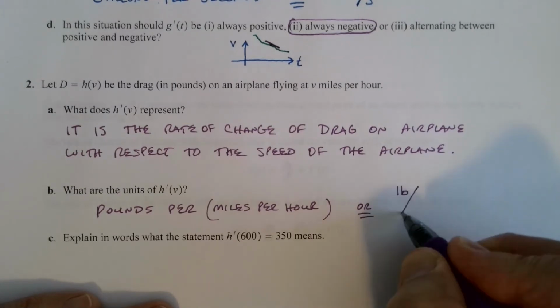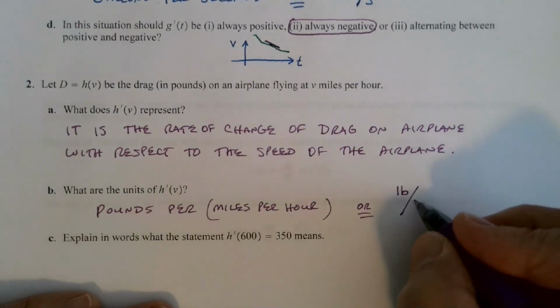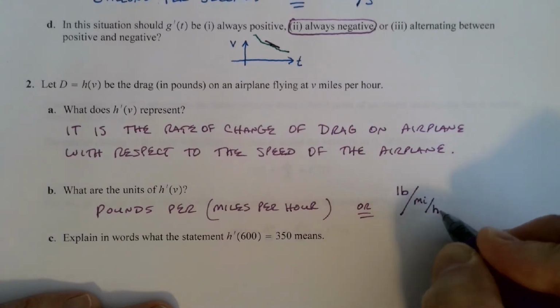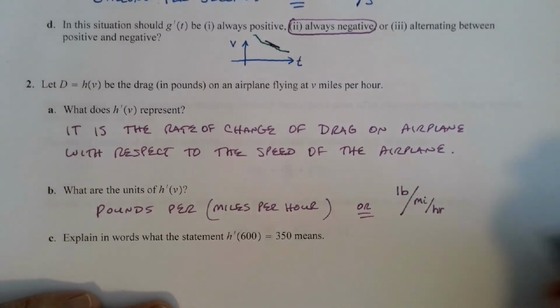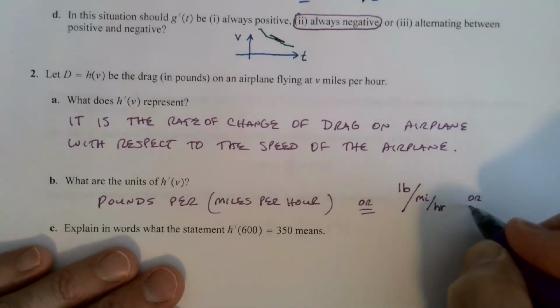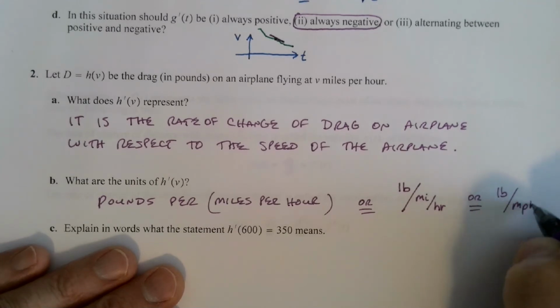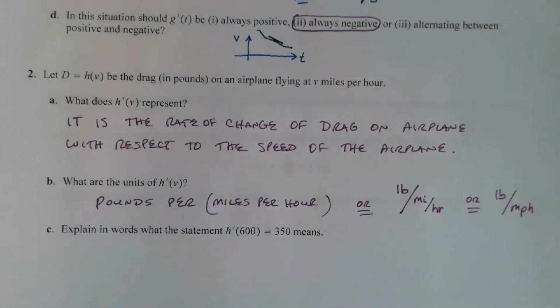Miles per hour, you can abbreviate that way, or some of you have seen, no doubt, mph for miles per hour. That's another common abbreviation. So something like that would be fine. So there it is, pounds per miles per hour.